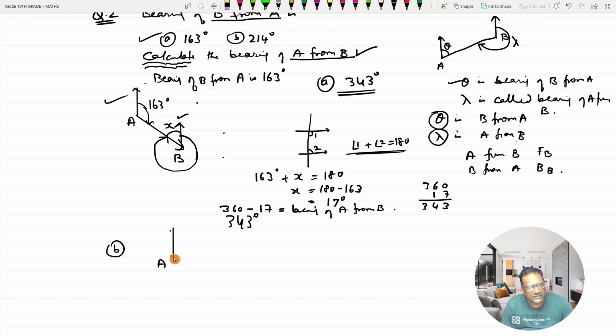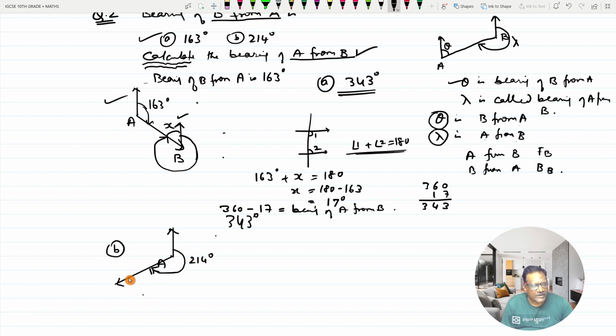Okay, this is my northward arrow, and from here I'm going to travel how much? 214 degrees. So 214 degree will come, this will be 180 degree, and somewhere over here I will get 214 degree. Roughly this is the point where I will get 214 degree. Is that clear? Suppose this is my 214 degree.